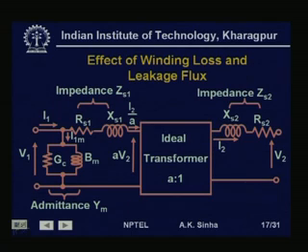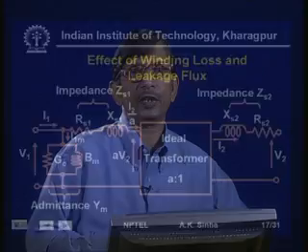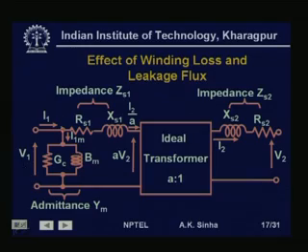Now, for winding losses, since we know that each winding is made up of copper or aluminum which has finite resistance, the winding resistance can be used to represent the losses in the winding. Like on the primary side, we have the resistance of the winding as RS1.